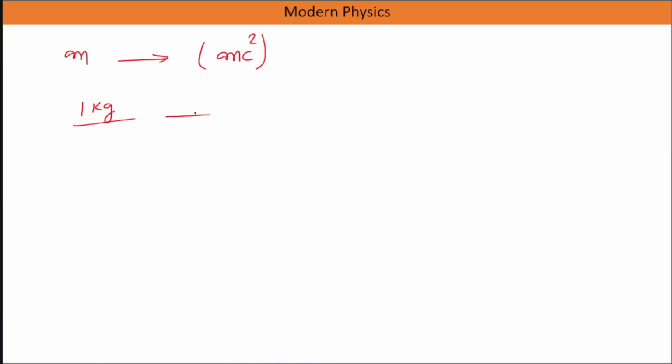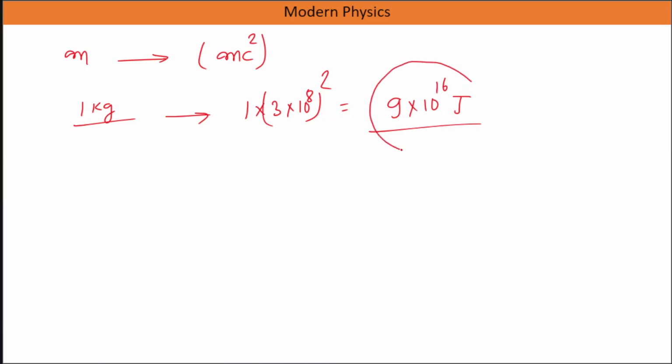Let's talk about that. So for 1 kg, how much will the energy be? 1 into c square, that is 3 into 10 to the power 8 whole square. So that will give you 9 into 10 to the power 16 joule. So if 1 kg is burning, it gives us this much joule of energy. Or you can say if 1 kg is getting spent, then this much energy is coming out.